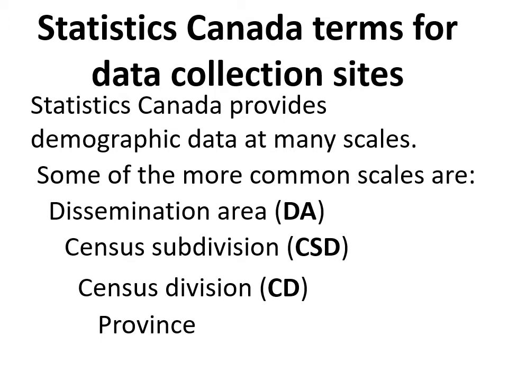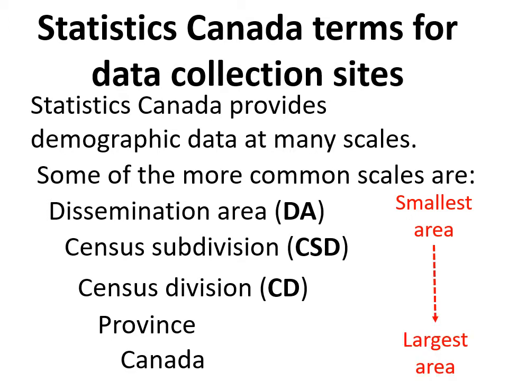Then they'll also provide data. There's other scales as well, but these are really common. So at the provincial level, so all of Ontario, and then at the federal or national level for all of Canada. And it might be useful to think of these as going from the smallest area to the largest area.